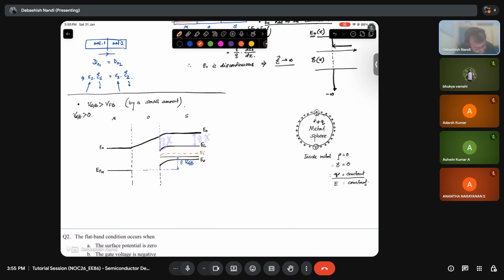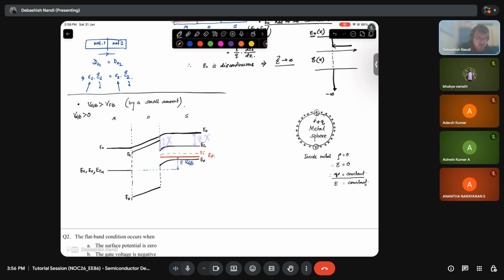Okay, and let's say this is my EF. Fine. And similarly, inside my insulator, I need to draw. This is my EC. This is my EV. In case of metal, this is my EC. This is my EV. Fine.